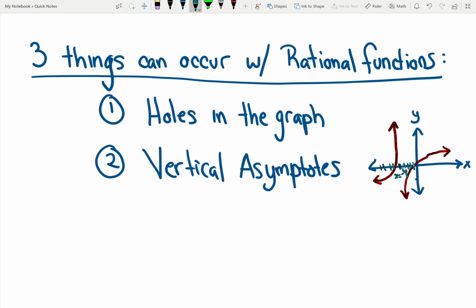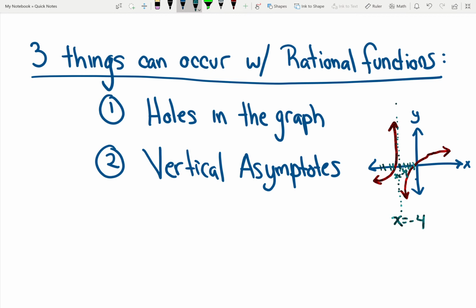You see how our graph never touches anything at x equals minus 4. This means that we have a vertical asymptote at x equals minus 4. It's an invisible vertical line that our graph does not touch.